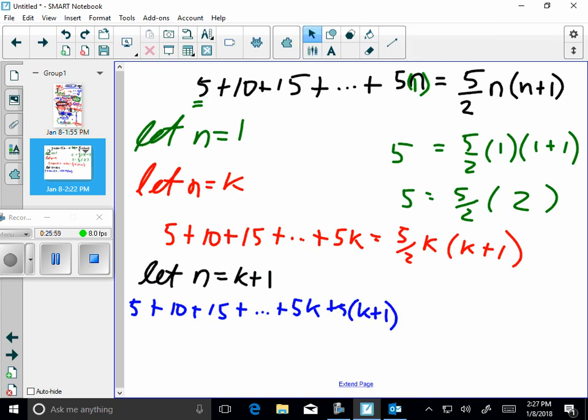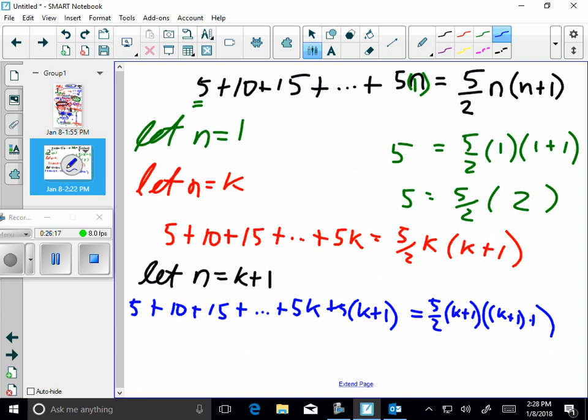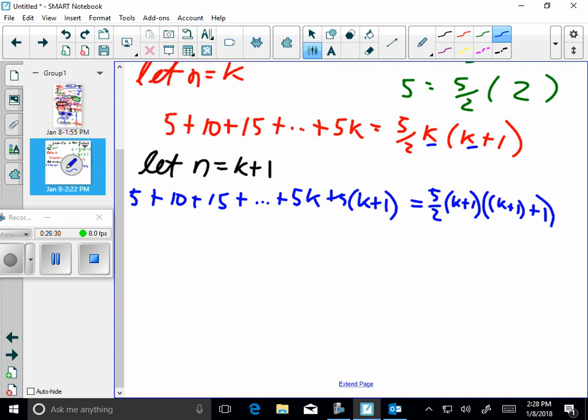All of that has to equal the other side, which I also put k plus 1s in. 5 over 2, and instead of k, I put k plus 1, and instead of k plus 1, I put k plus 1 plus 1. So again, wherever there was a k, I have replaced it on that side with k plus 1. Okay. How many of you had that right?